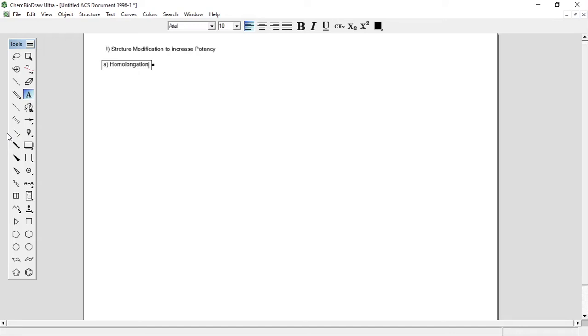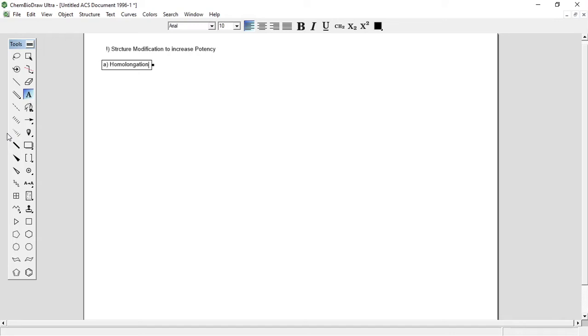So when we increase the chain length, that is CH2, starting from a methyl, and we increase that constant unit CH2 from 1 to 6, that is hexane and heptane, it was observed that the activity or the potency of the compound increases.